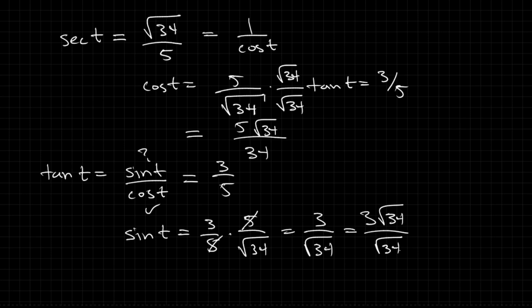Excuse me, not root 34, but 3 root 34 divided by just 34 without the square root. So this is one way to figure out what sine of t is. It's probably the easiest way, but there are other ways. You're not required to know these other ways, but you should know that the more practice with these types of examples you get, the easier things will get.